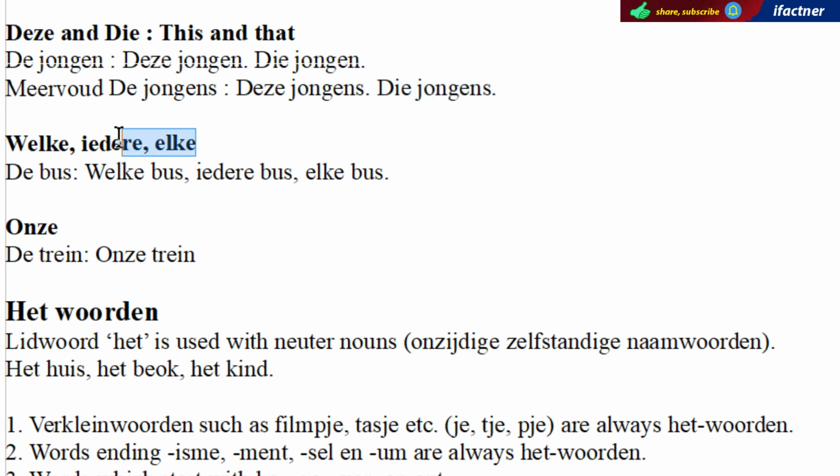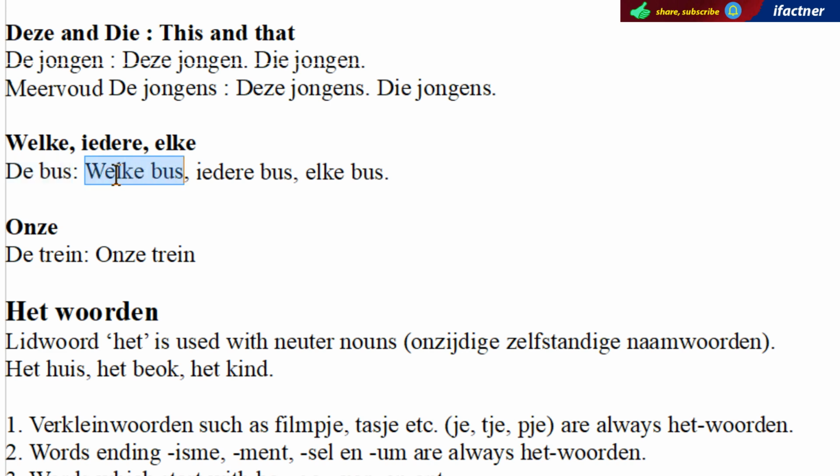Similarly, for which one and everyone, we use welke for which and iedere or elke for everyone. For example, we have the word de bus, the bus. If you want to ask which bus, then we will say welke bus.